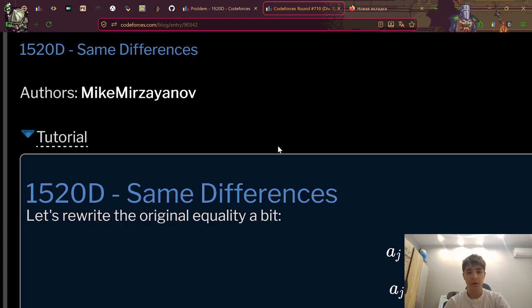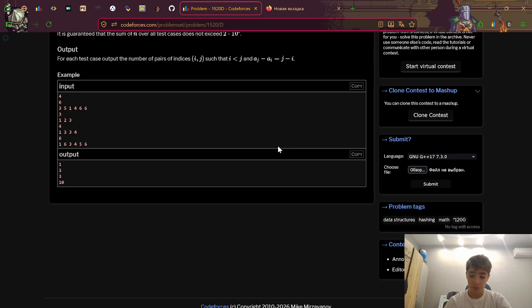What if I save all a j minus j and then I'm going to save this to the array. Yep. For example, I don't know. And if I need to find something similar to a, for example, I save this to some array, the difference array.